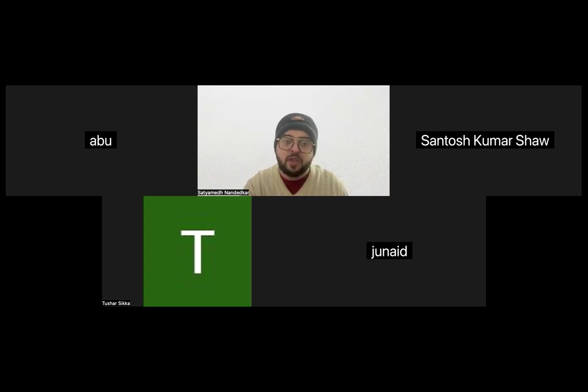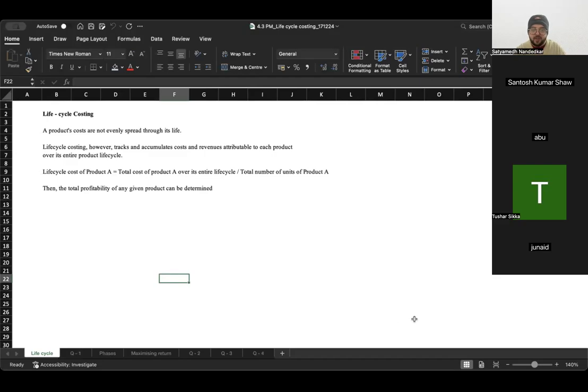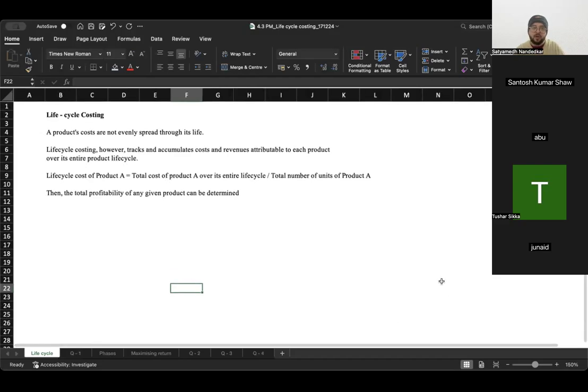This approach to costing is known as life cycle costing. This is the next discussion. Because a product's costs are not evenly spread through its life, life cycle costing tracks and accumulates costs and revenues attributable to each product over its entire product life cycle, and that will help you to better determine the profitability.